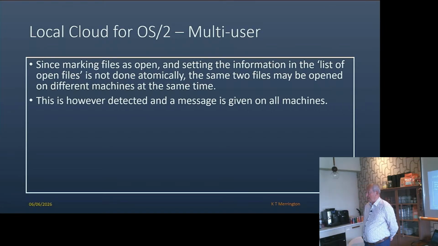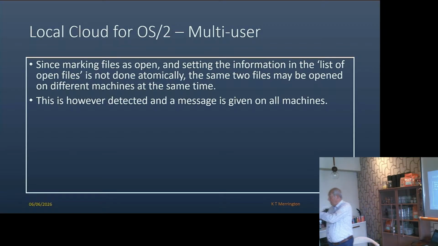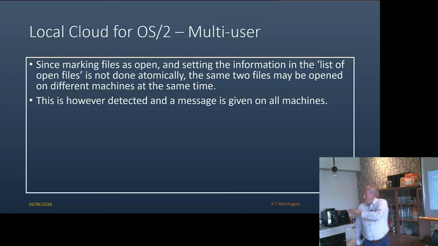Now, the only thing is, if Greg's opened it, I'm sending a message to you to say, open the file, and I can't. Then I say, both are open. Or maybe three have got it open, I don't know.